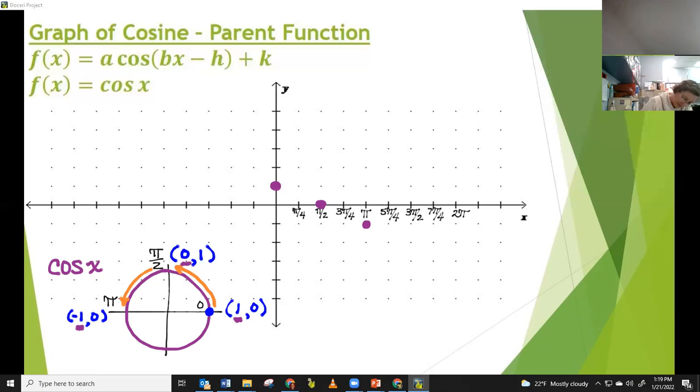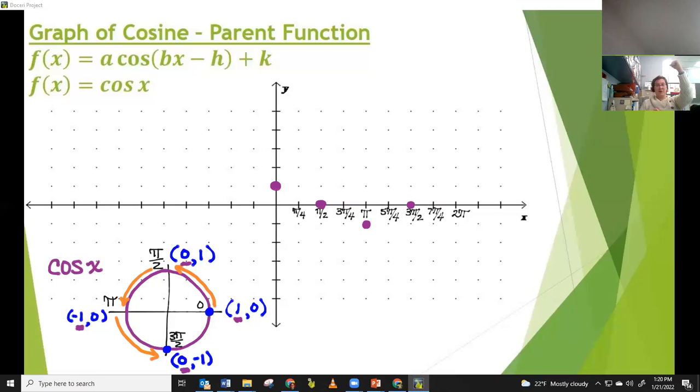Keep going around my unit circle. I get down here to the bottom. That's 3 pi over 2 radians. What's the cosine part of that ordered pair? 0 again. So I start off at my maximum. I start off above the midline, whatever my amplitude is.